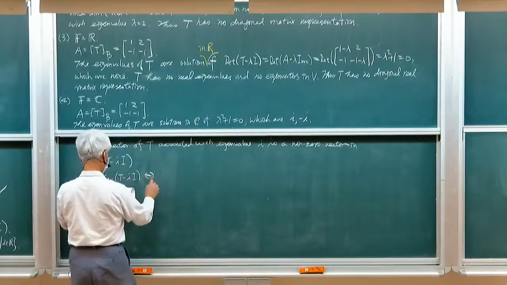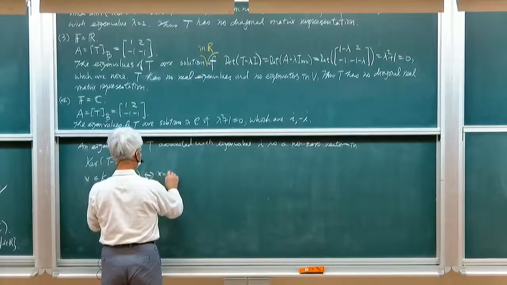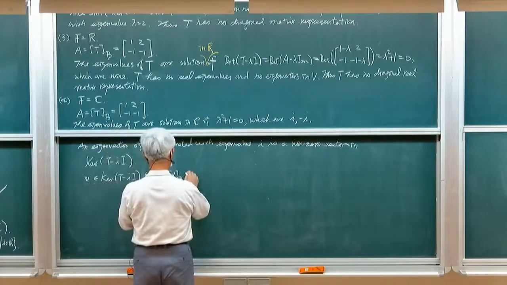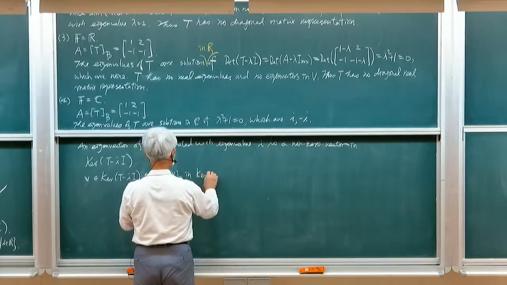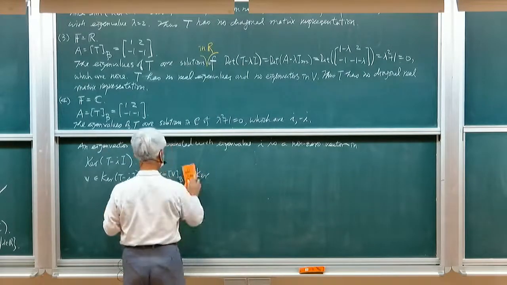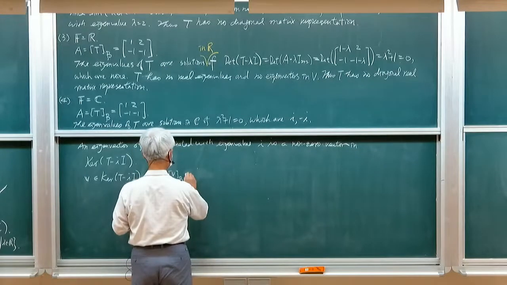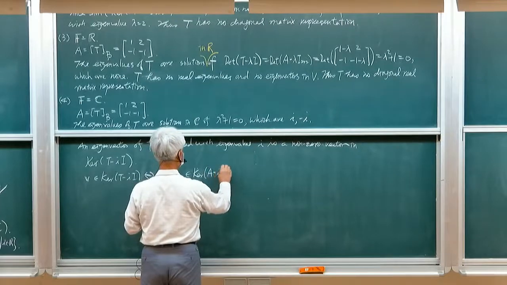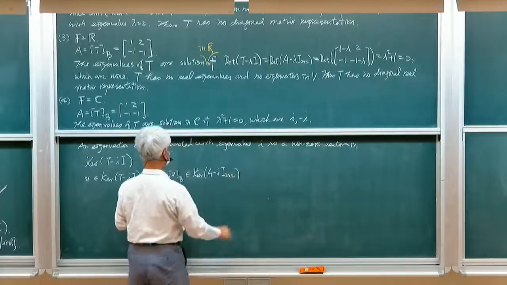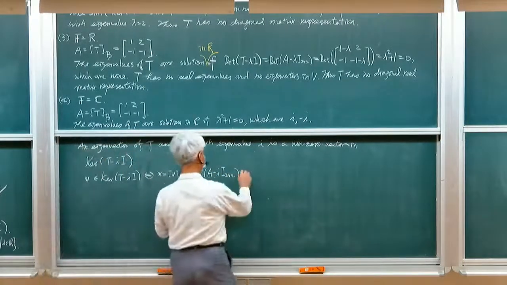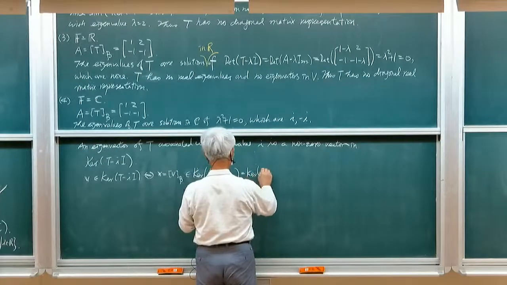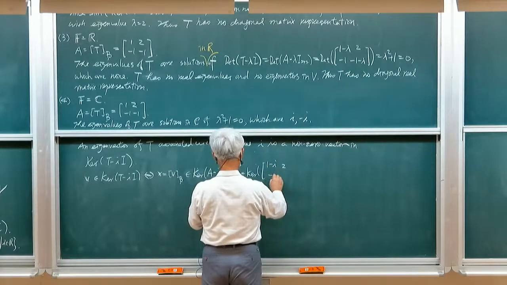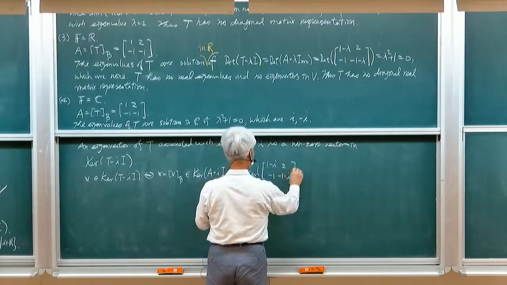If its matrix representation, its B coordinate, is in this kernel, and this is the kernel of the matrix 1 minus i, 2, minus 1, minus 1 minus i.